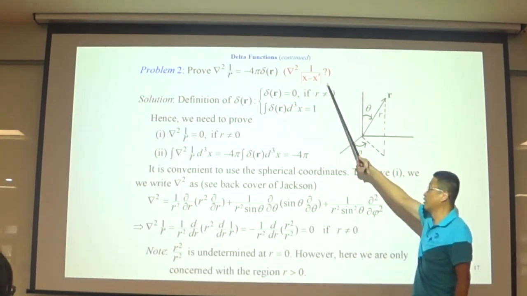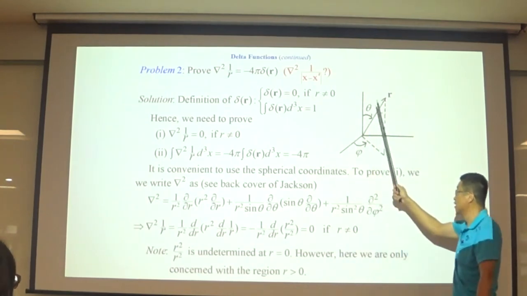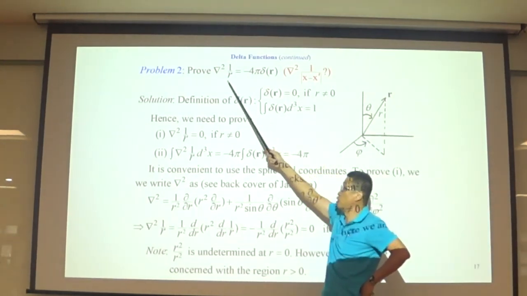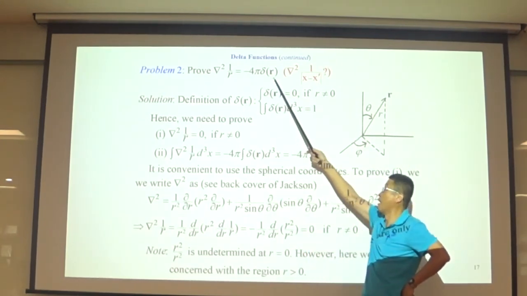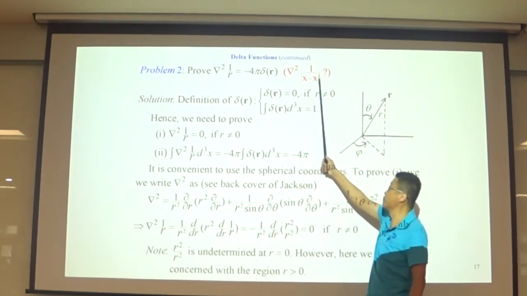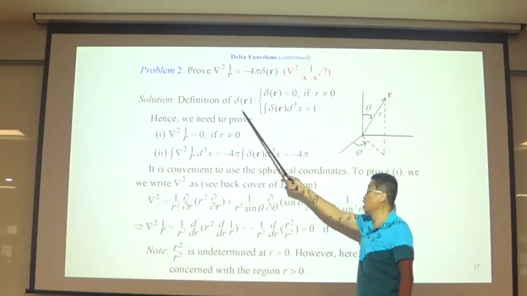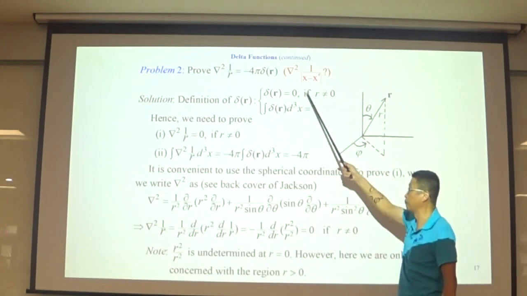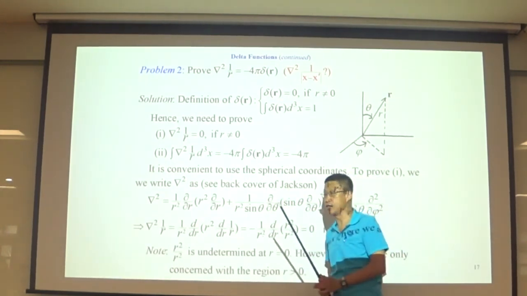But before that, let's assume r prime is 0, so we can simplify the notation to r and delta r. The first step is to simplify the notation. The definition of delta r stays the same. We need to prove two things.